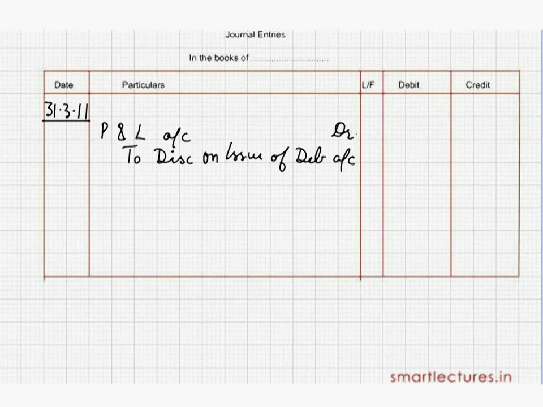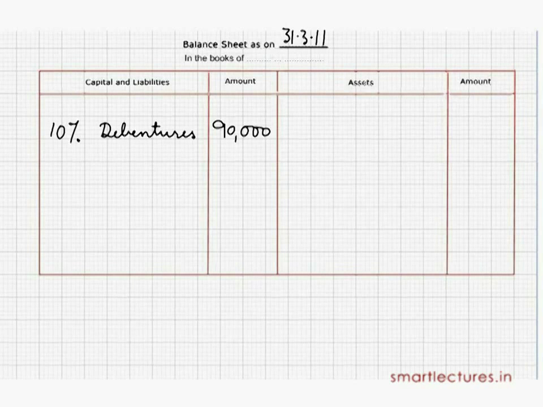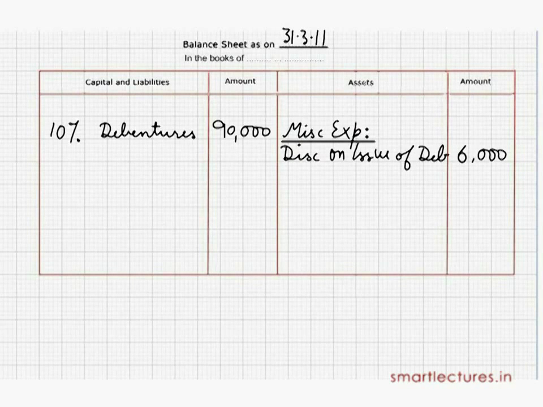So journal entry will be profit and loss account debit to discount on issue of debentures account, 3,000. And after writing off this discount, the balance sheet will be 10% debentures, 90,000, and discount on issue of debentures will be 6,000 today. Because in the beginning of the year it was 9,000, but we have written off 3,000 rupees out of that. Now the balance is only rupees 6,000.